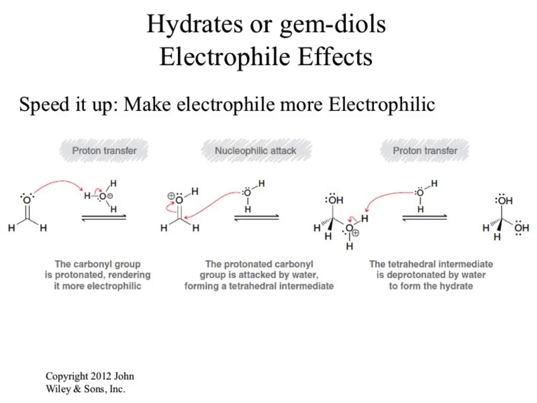Can I have a strong nucleophile and a strong electrophile in these reactions? Why not? The water is acting always as a nucleophile, so I don't quite accept that. What if we had a strong nucleophile? What would it be? What did we say our strong nucleophile was? Say it louder, Sean.